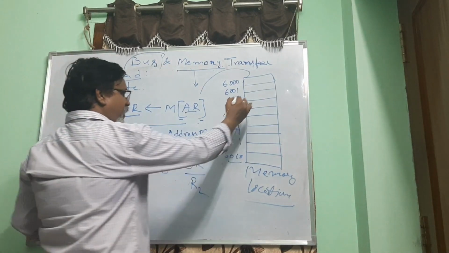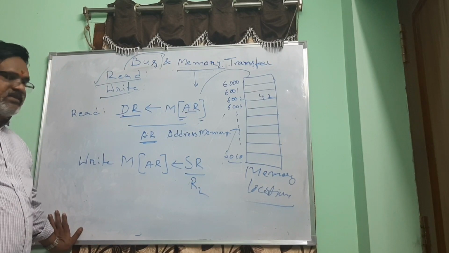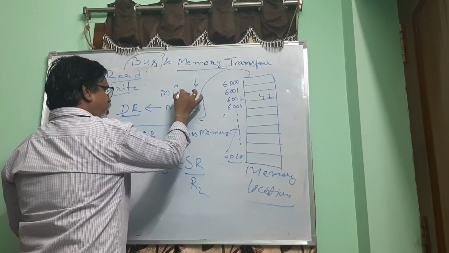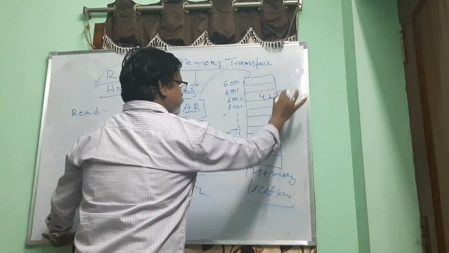Say for example, 42 is there in 6002. So M of 6002 means 42.